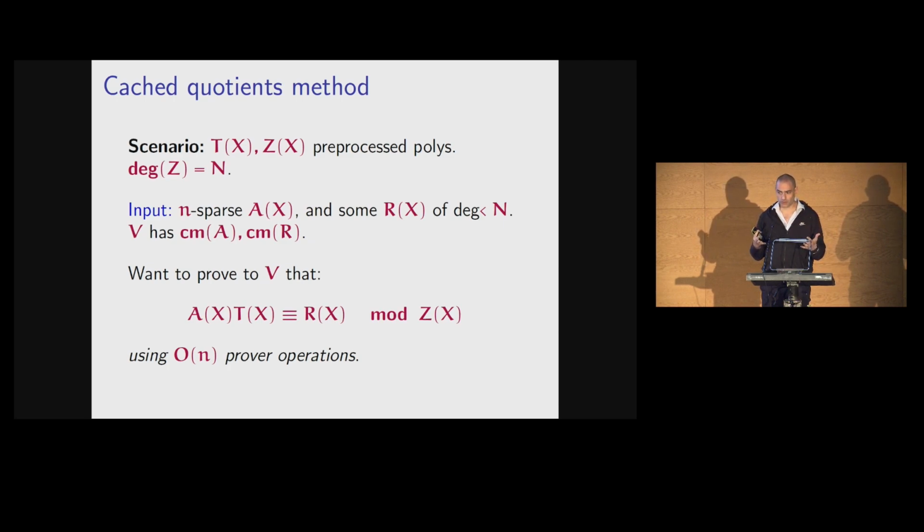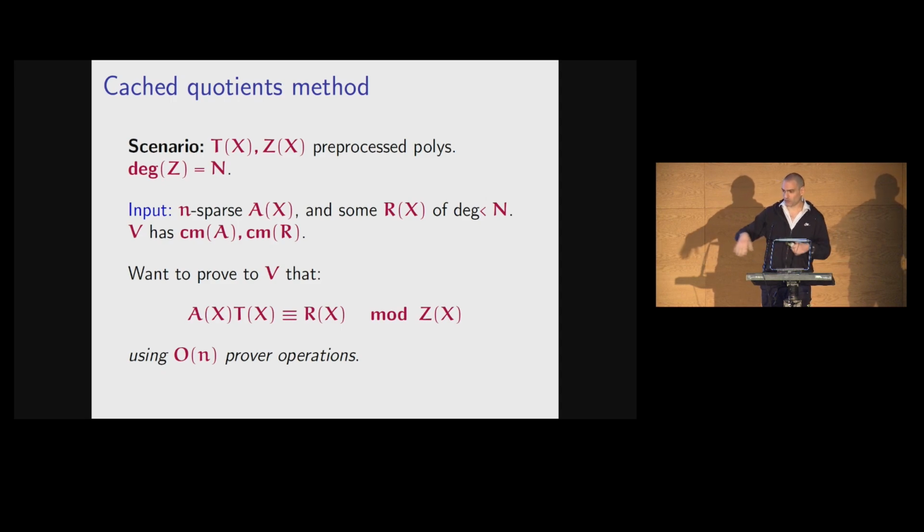The prover wants to convince the verifier that A times T, so A is the sparse prover polynomial again, T is the pre-processed polynomial, that A times T is equal to R mod Z. And the punchline is that we want this to be O of little n operations.